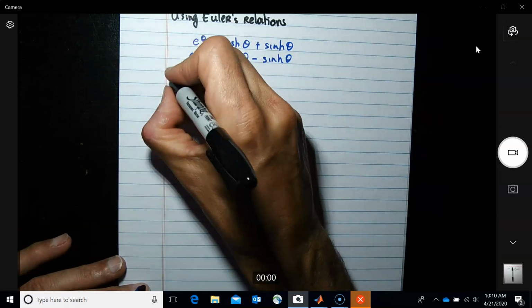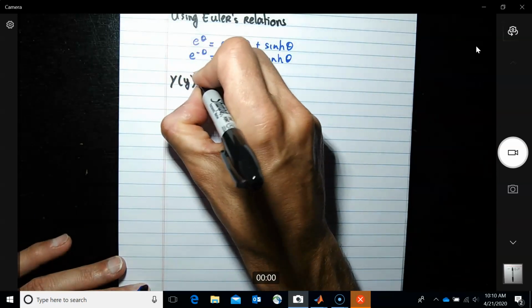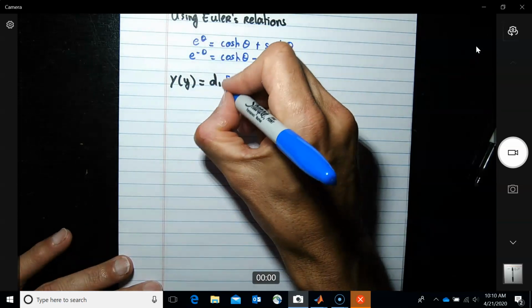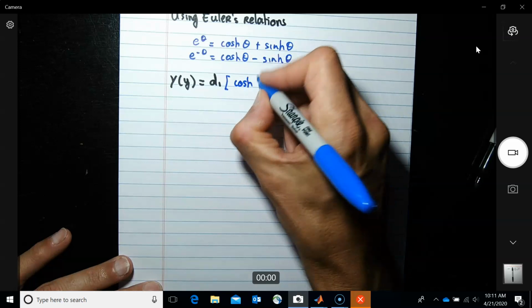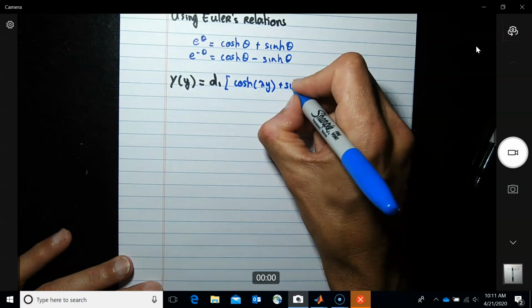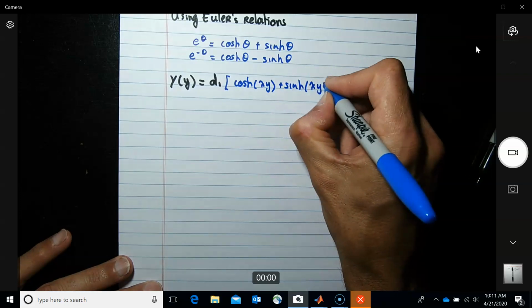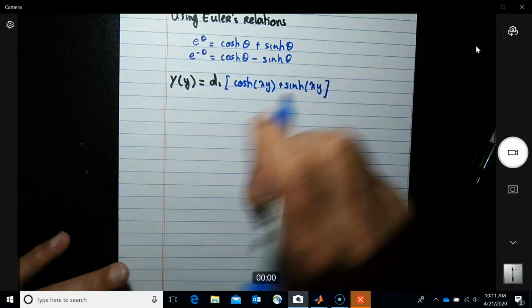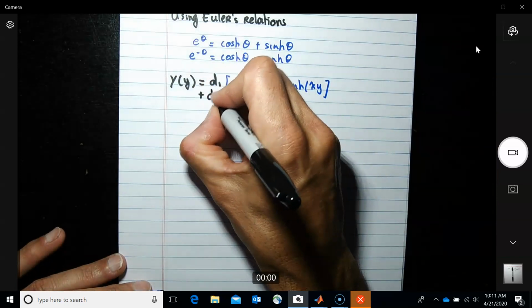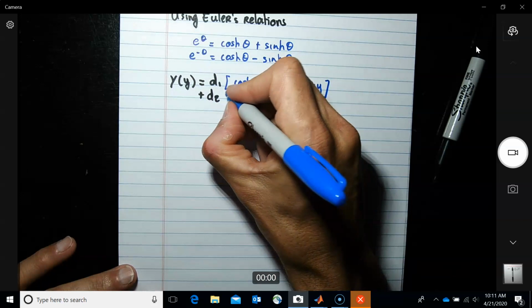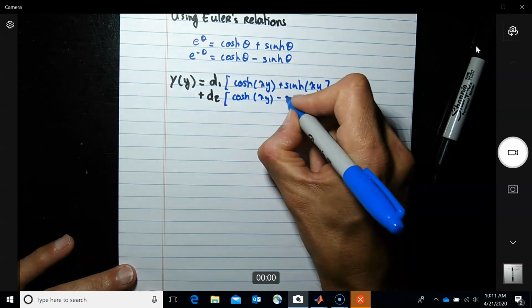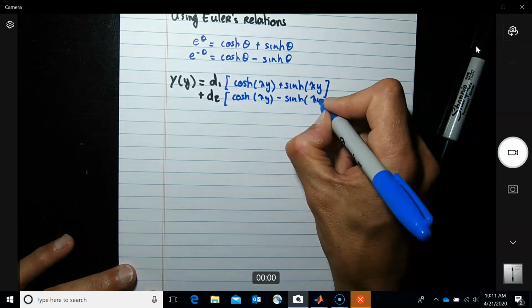So we substitute, we get y of y will be equal to d1 times cosh lambda y plus sinh lambda y, plus d2 times cosh lambda y minus sinh lambda y.